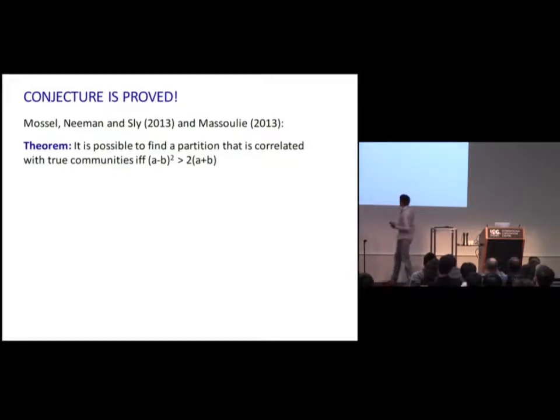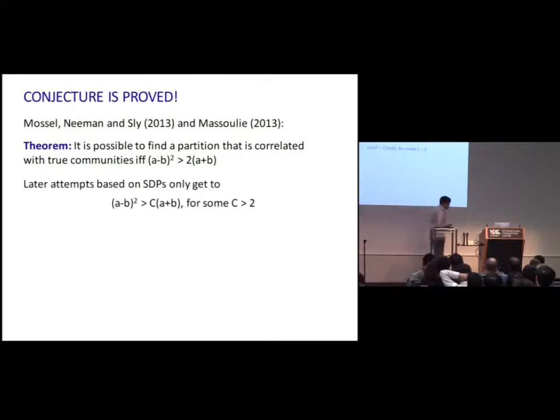In some really remarkable work of Mossel, Neeman, and Sly, and independently by Massoulié, they showed that this conjecture is just completely sharp and true: in this community detection problem with two communities with probabilities A over n and B over n, it's possible to find a partition that's correlated with the true community structure if and only if (A minus B) squared is strictly larger than 2(A plus B).